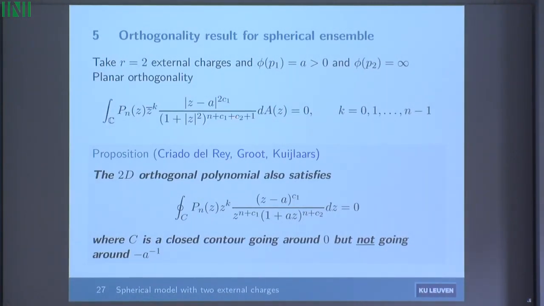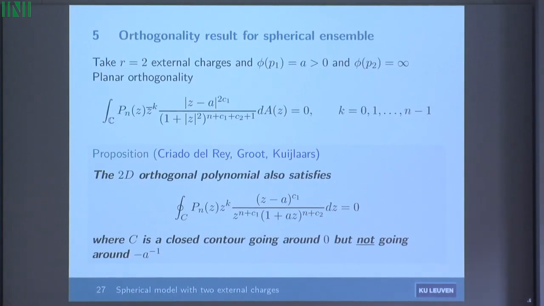So we don't have as a background weight the e to the minus mod z squared, but now we have this 1 plus mod z squared with some certain exponent. We can do something in a very limited case so far. We're struggling hard to extend it.